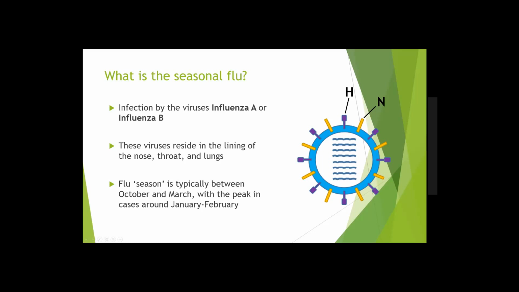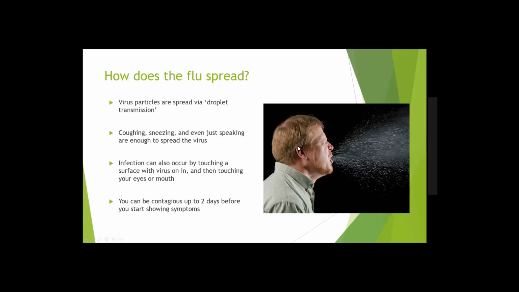But the type of proteins they have is what gives the flu viruses their names. You might have heard of flu strains being called H1N1 or H5N1. That's where these come from. It's basically the genetic makeup of the outside of the flu. And that affects how the flu virus behaves and how it can infect people and how virulent the strains tend to be.